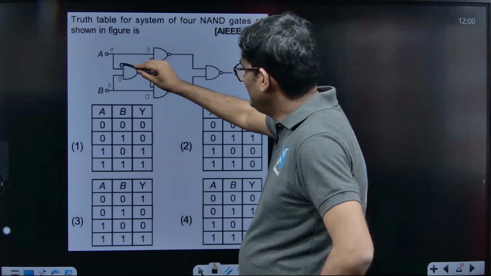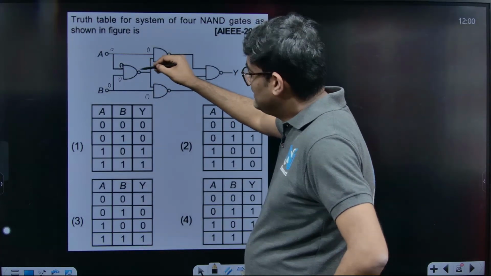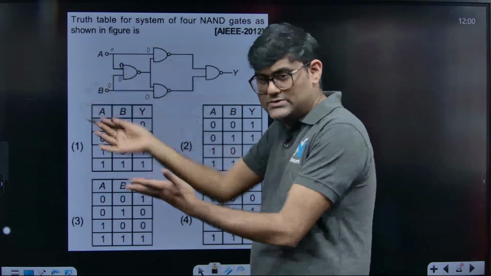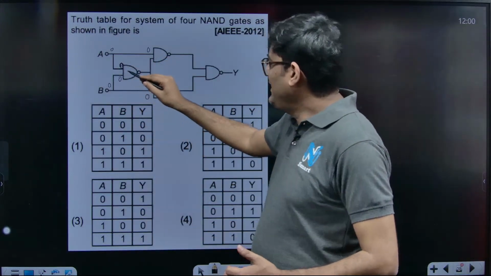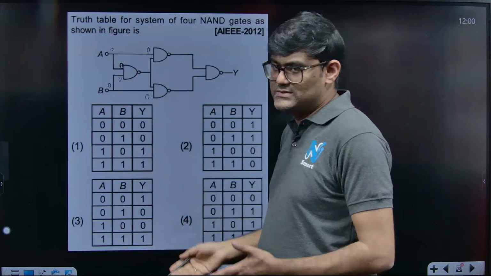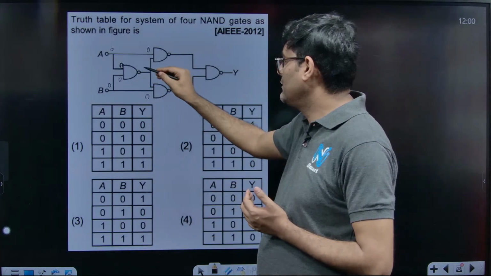When 0 and 0 are coming to the gate, this is a NAND gate, right? NAND gate is opposite to AND. First I will make it an AND operation. If I AND 0 and 0, it is of course 0. So 0, and if I make it a NAND, it is 1.